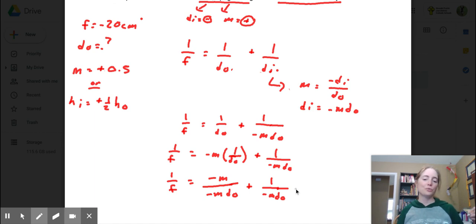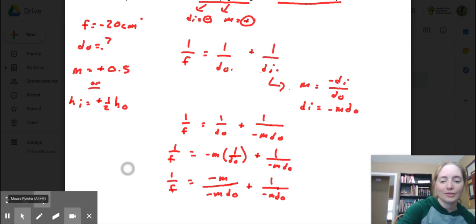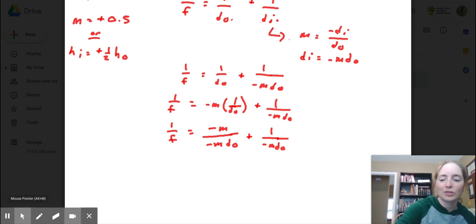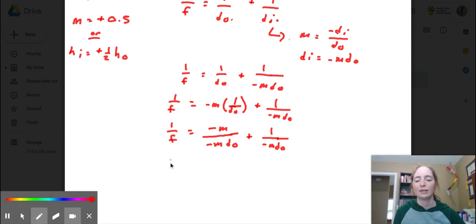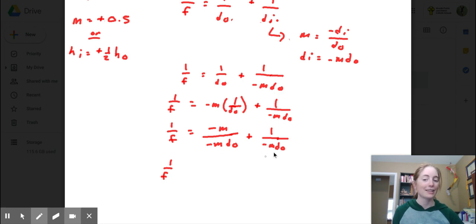Okay. So now, ladies and gentlemen, I can add these together. I'm going to scroll down so I don't have to write on my face. So 1 over f. Now when I add fractions, the bottom fraction is going to stay the same.